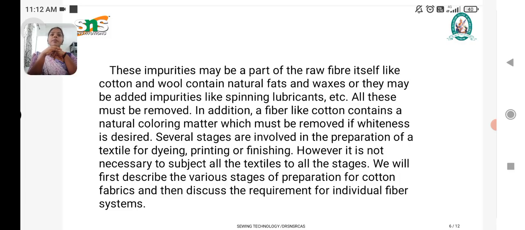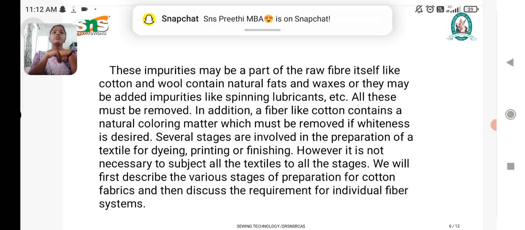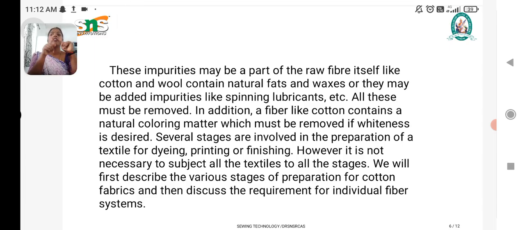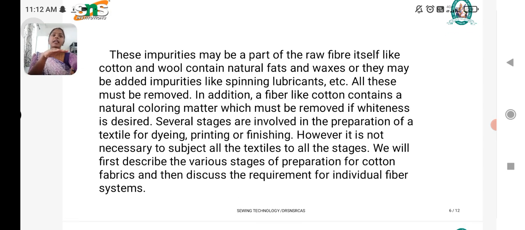In addition, a fiber like cotton contains a natural coloring matter which must be removed if whiteness is desired. Several stages are involved in the preparation of textiles. We will first describe the various stages of preparation for cotton fabrics and then discuss the requirements for individual fiber systems.